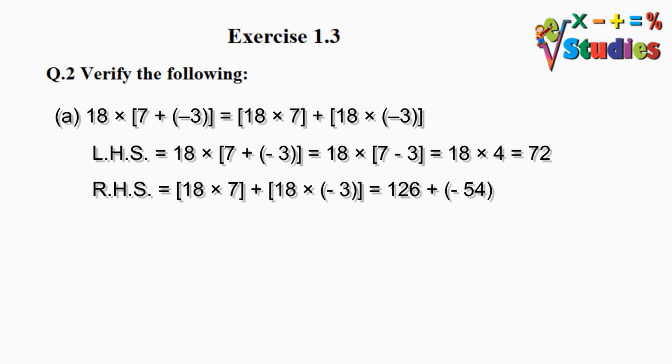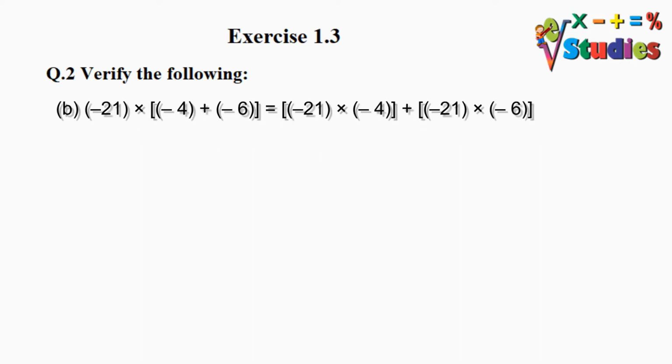Because one integer is positive and another is negative, we have to perform subtraction, and the sign of the answer will be positive. So 126 minus 54 will give us positive 72. Here we are getting positive 72 on both sides. So hence we can say that left hand side is equal to right hand side.